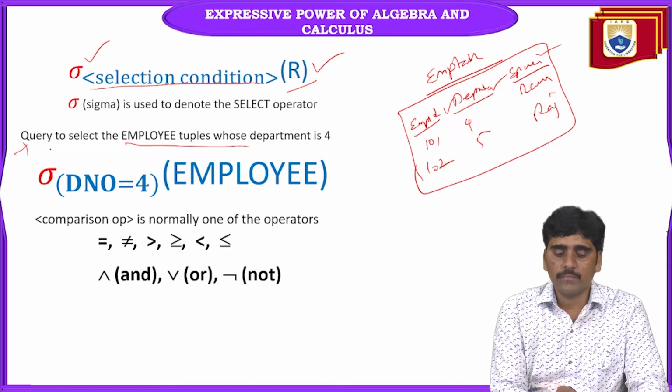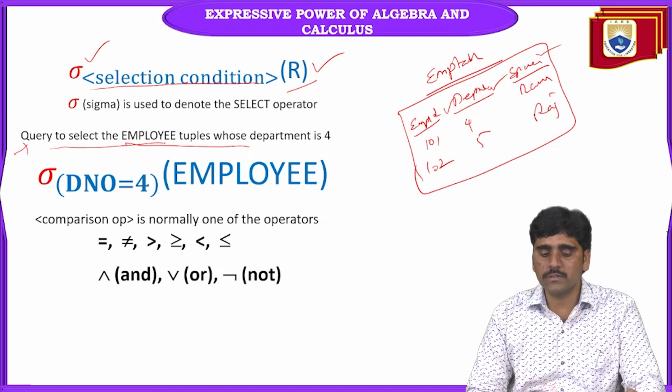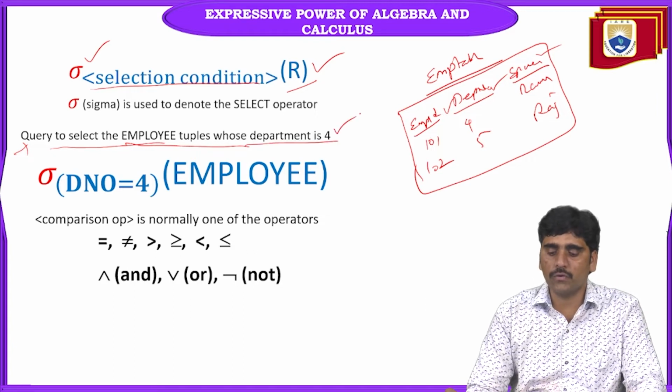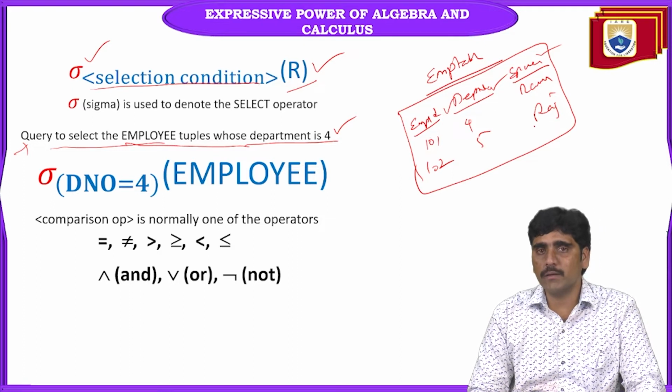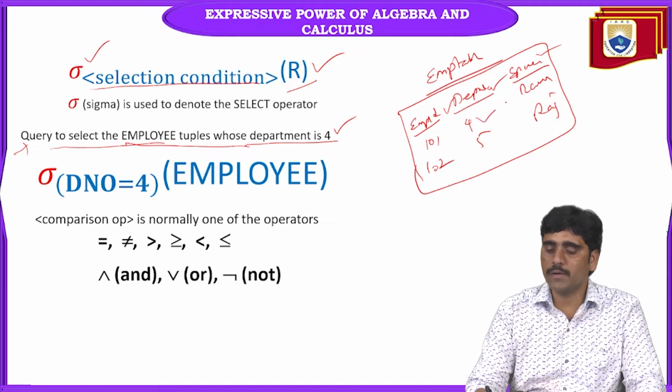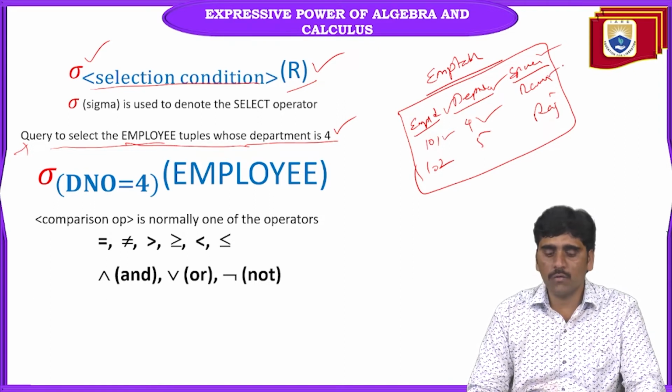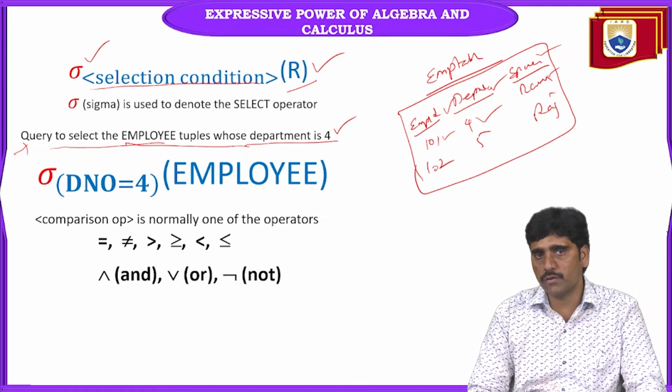So now you can see the query: select the employee tuples whose department number is 4. This is the employee table, and here the department number is 4, the employee ID is 101, and the employee name is Ram. Now how can I write the query?